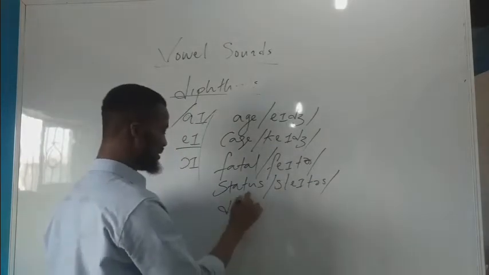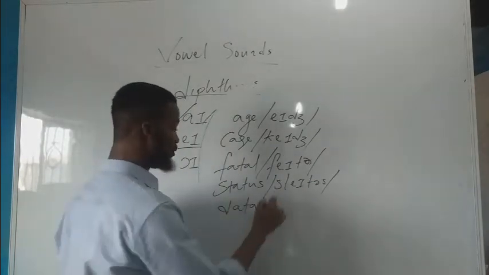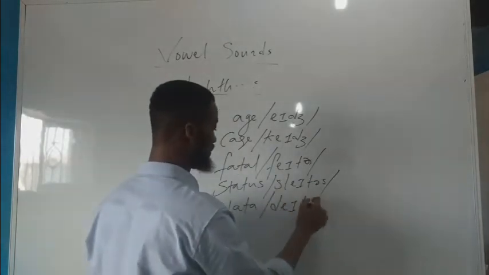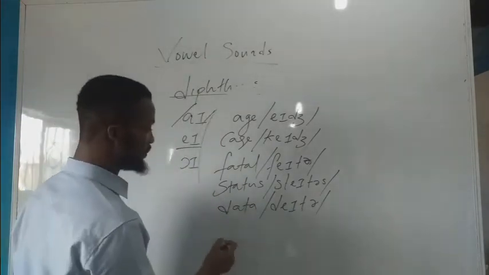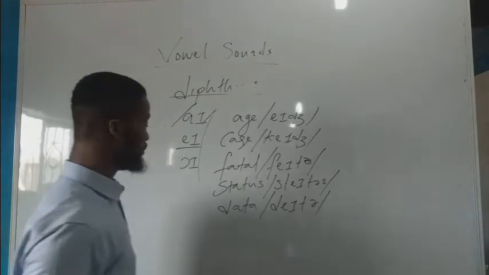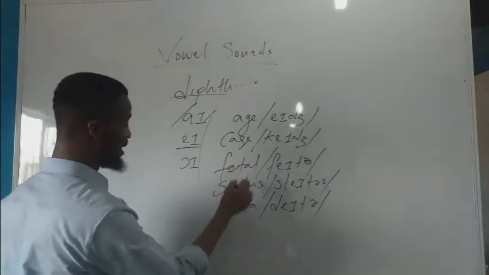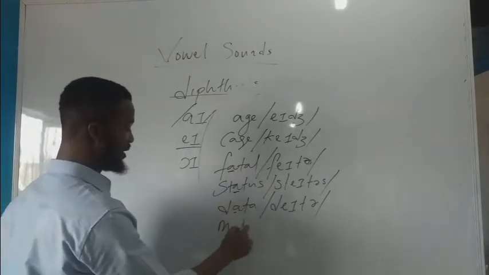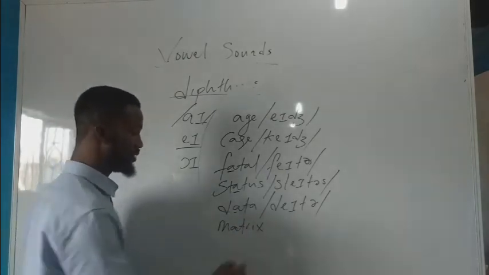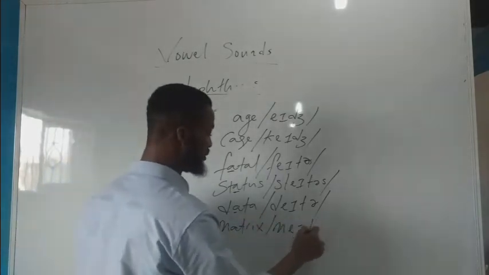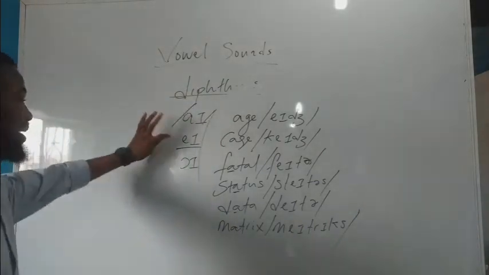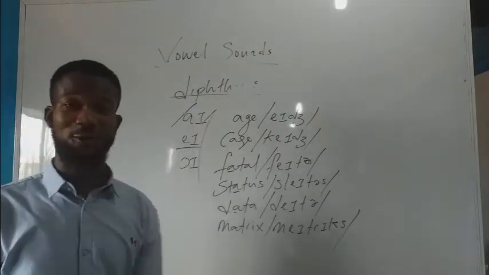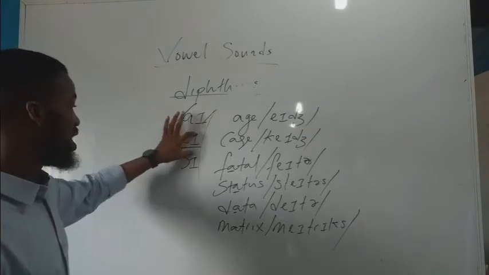The word DATA is not data, it's called data, and so on and so forth. MATRIX is not matrix, it's called matrix. That's the second one, which is A. Any form of A at all, just try to link it up with EI, A.